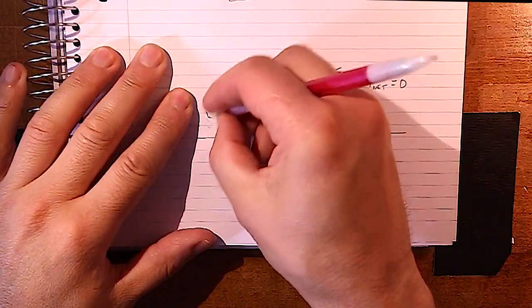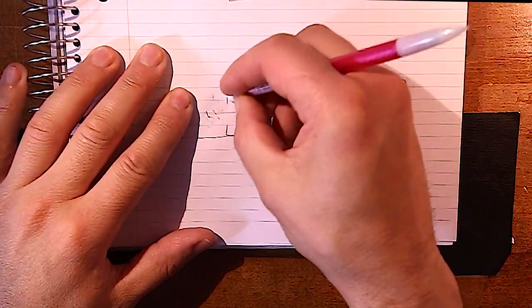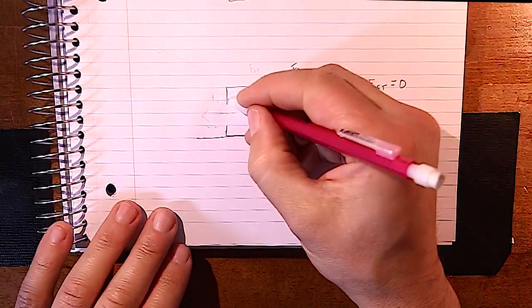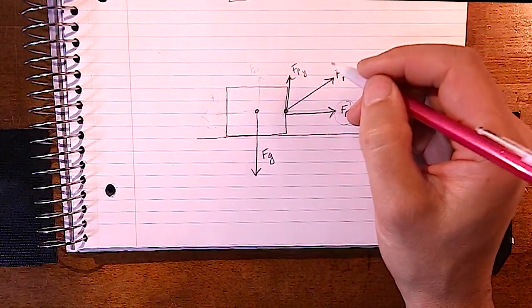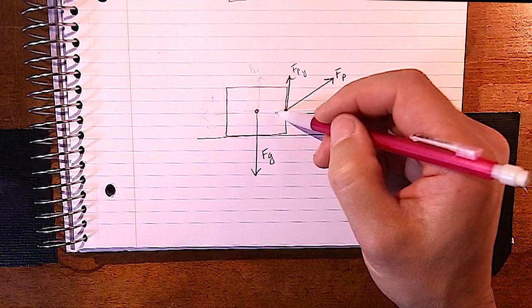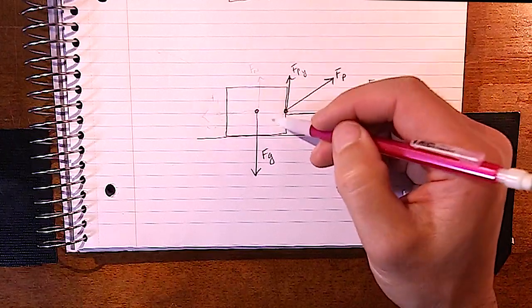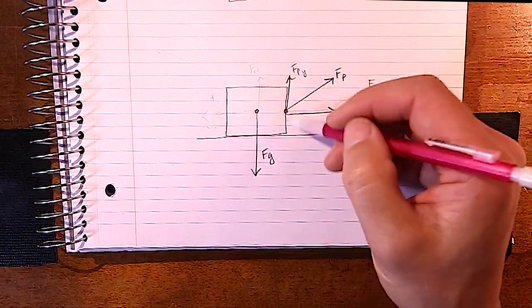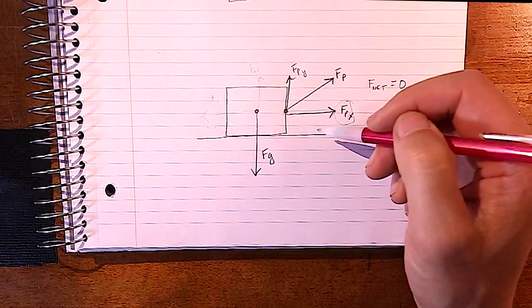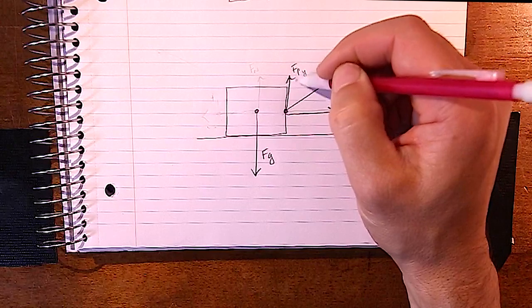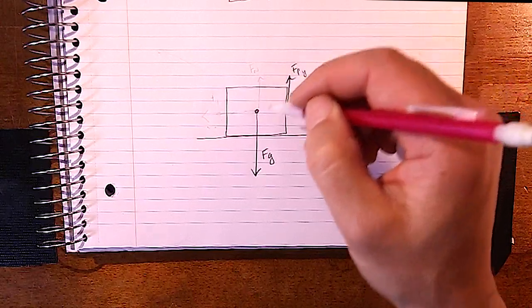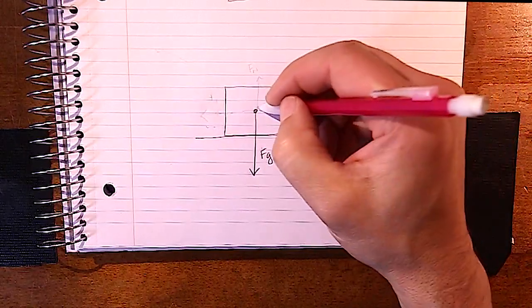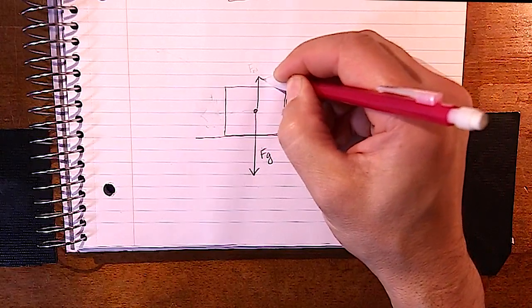But let's just ignore the x direction for a minute and look at the y direction, because that's really the trickiest part. We know that the block is not levitating or falling through the floor, so we know that the net force on the block has to be 0. So we have an upward component of Fpy, but it has to cancel out Fg, so there's an additional force up.